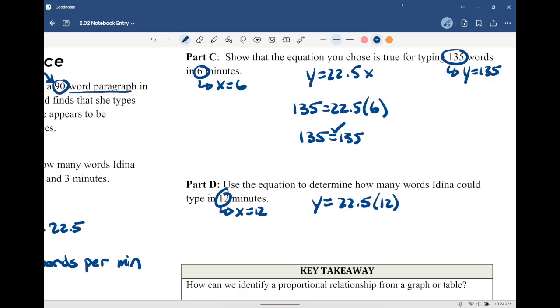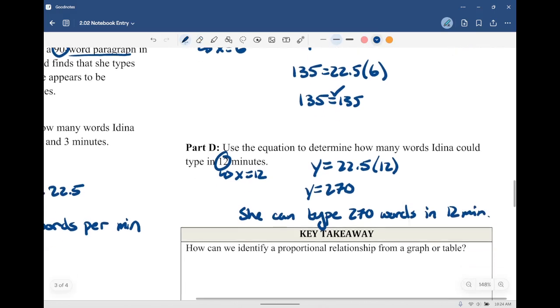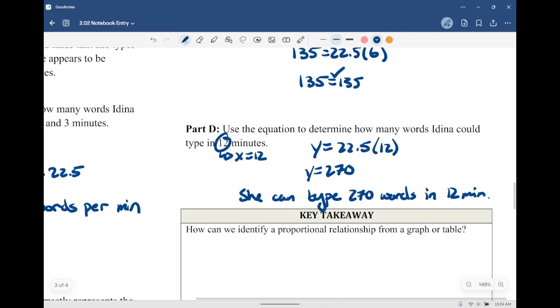What do you get, MJ? 270. y equals 270, which means she can type 270 words in 12 minutes. All right, again, I know I went fast. What questions do we have?